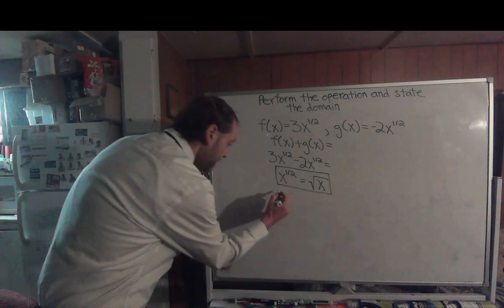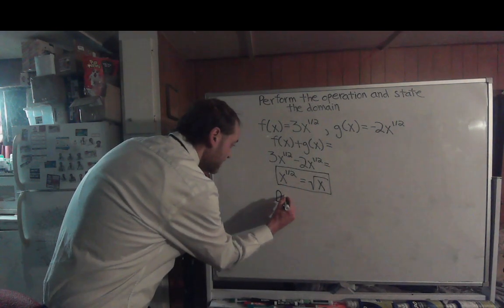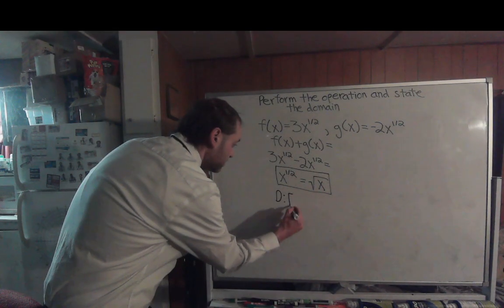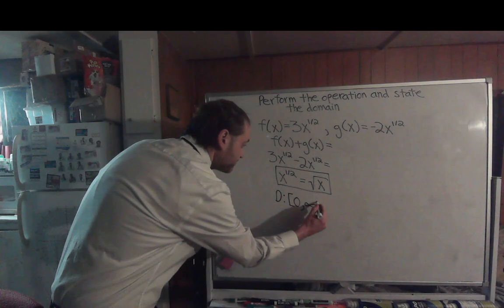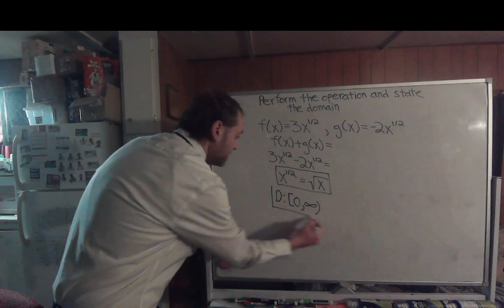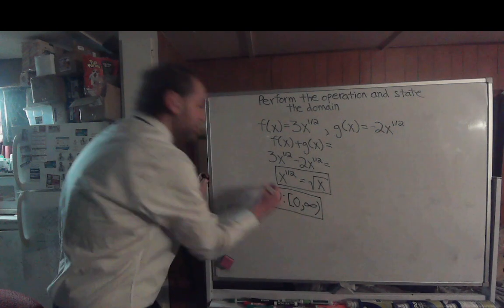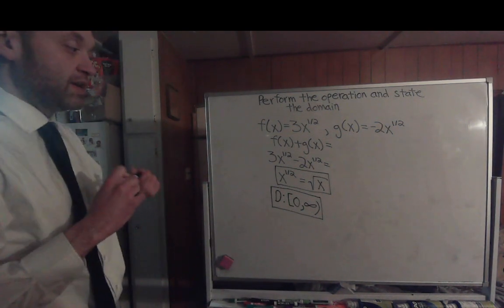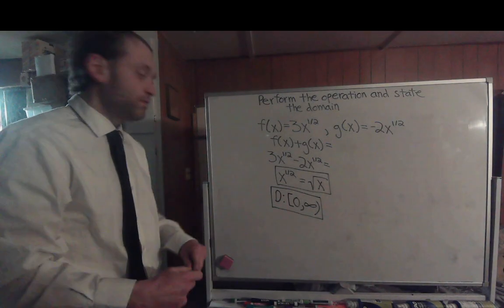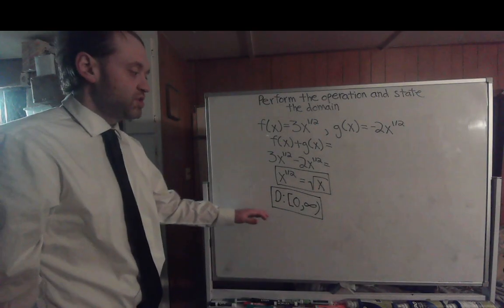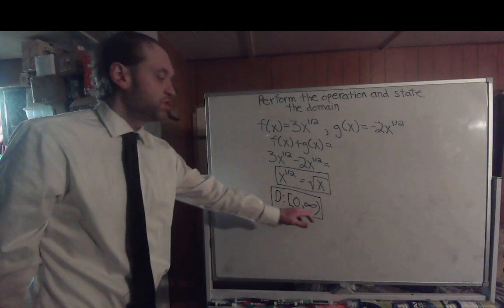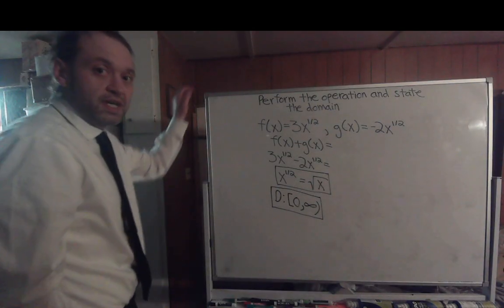So the domain is actually going to end up being 0 inclusive to infinity. Because taking the square root of a negative number is not defined in the set of real numbers. And that's all we care about, the set of real numbers. So the domain is 0 inclusive to infinity in this case.